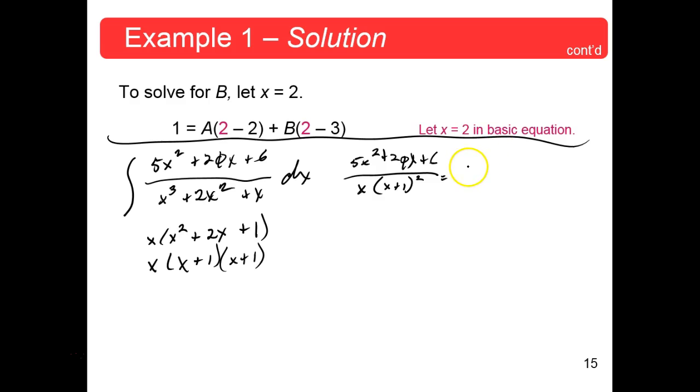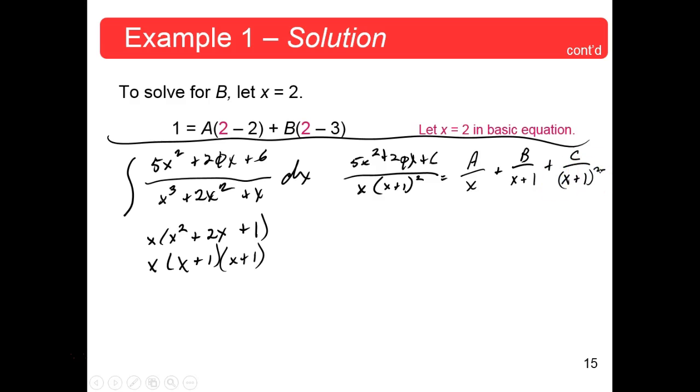So you would have A over x, plus B over x plus 1 to the first power, plus C over x plus 1 squared, to the second power.